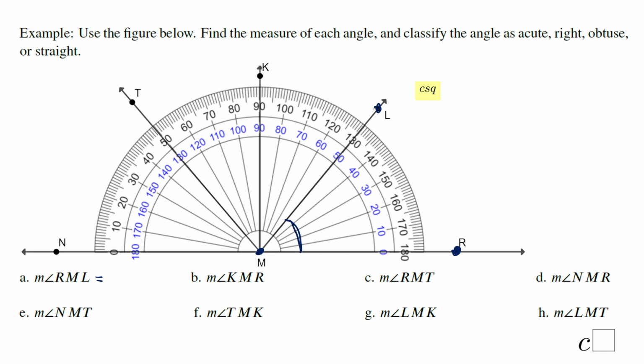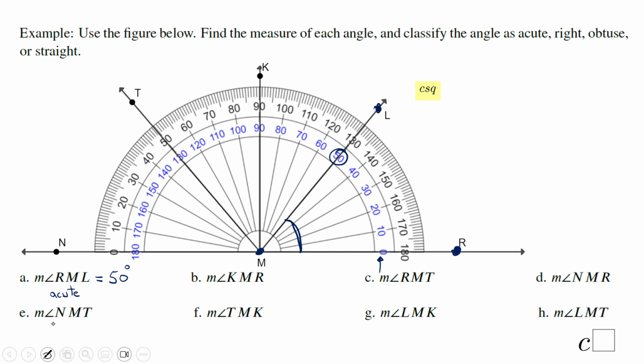This angle is an acute angle. You notice it's less than 90. And for that reason, I'm going to use these blue scales and look where this side ML crosses this protractor, and I can see this 50 here. That angle is 50 degrees, and like I said, it's an acute angle.